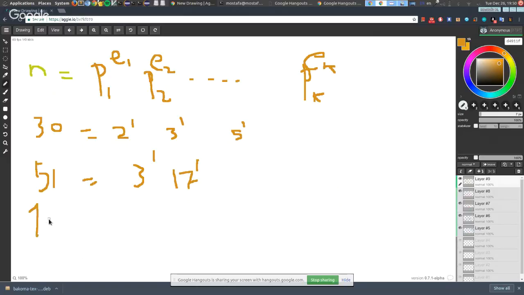What else? 100 is 2 power 2 times 5 power 2, and so on. In the case of 51, there is no other set of prime numbers that we can find other than this one. Only this set multiplies to give 51. That's the main thing about the fundamental theorem of arithmetic.